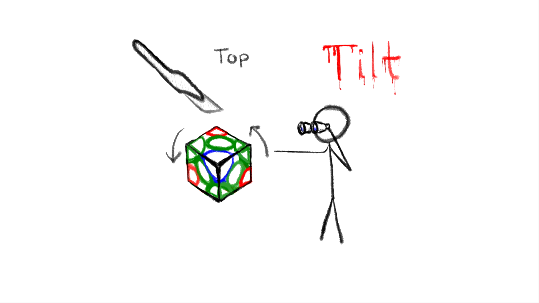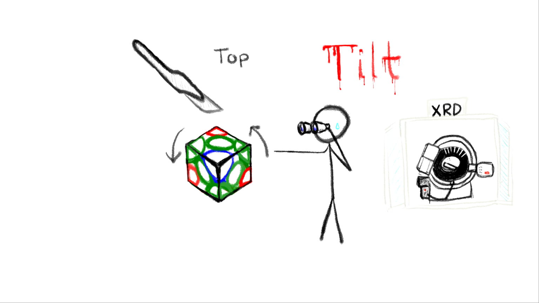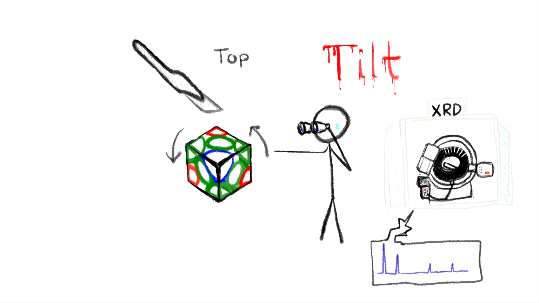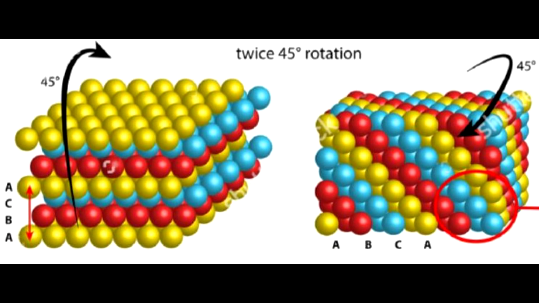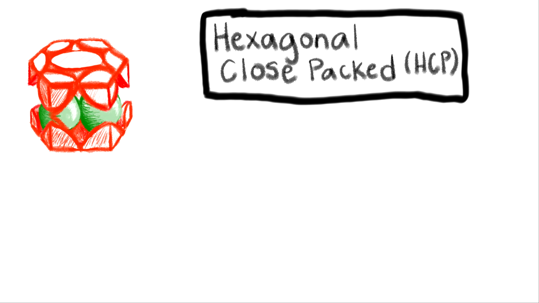First, you'll probably use an XRD to analyze the structure, which will spit out data that tells you the type of crystal. Second, even if you are looking at the image of the structure, the angle you view it is completely arbitrary, so you can just rotate it in a way that you can easily see the cube. So, no sweat. Bear with me, because this is the last crystal we're analyzing in this video, the hexagonal close-packed.